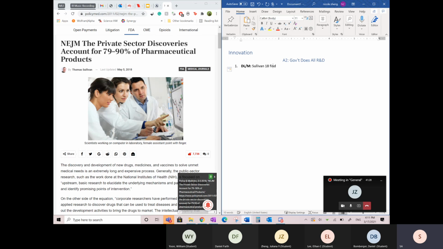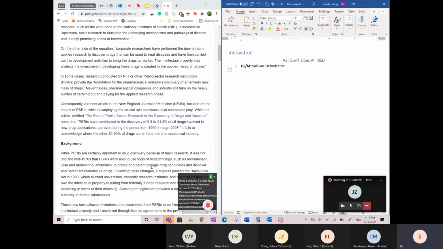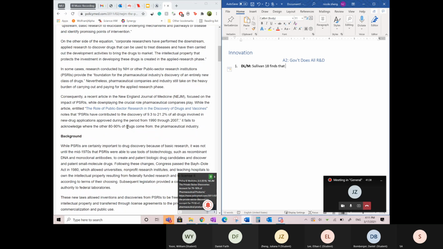Sullivan 18 finds that newly innovated drugs, 90% come directly from the private sector pharmaceutical industry, right? So there we have it.